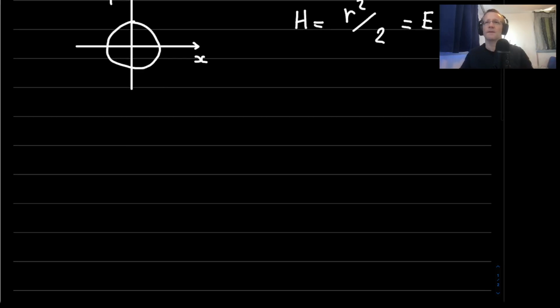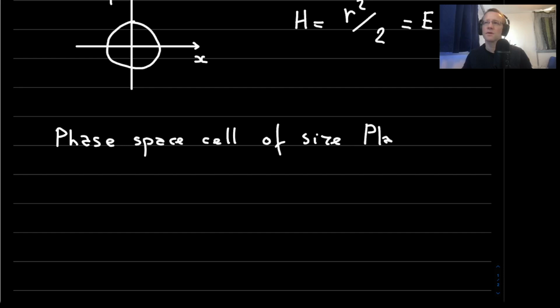We can now use the following rule. A phase space cell of size the Planck's constant corresponds to precisely one quantum state.